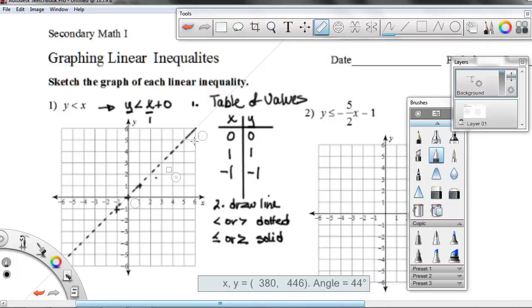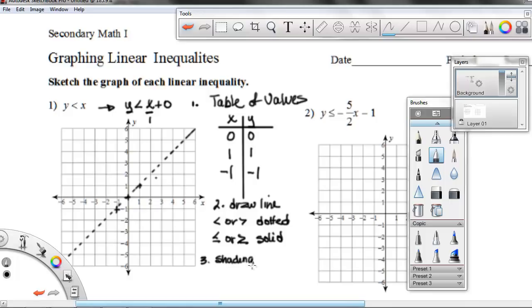Now, just like before, we have an area on the coordinate plane that we have to shade, and this is how we determine the shading. If it is greater than, we shade up, so that would be above the line.